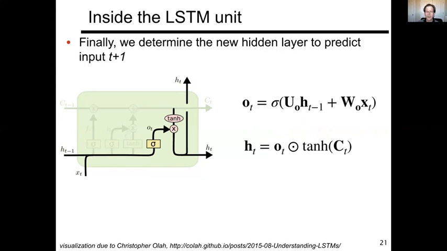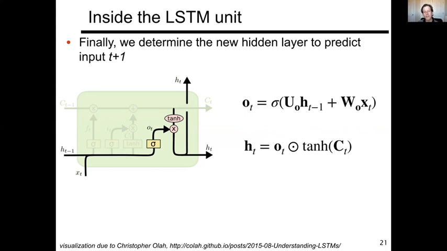Finally, we have to ask what the model actually does to the hidden state, which is important both in predicting what the next word is going to be and in modulating how the new input is treated. We create another gate, the output gate.